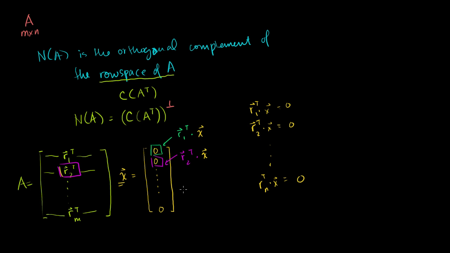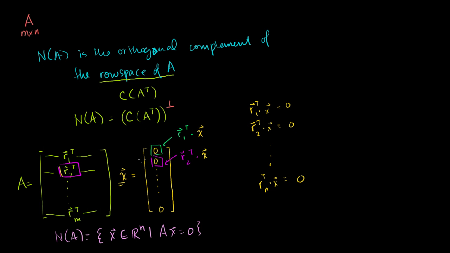And by definition, the null space of A is equal to all of the x's that are members of, in this case it's an m by n matrix, so you're going to have n columns, so it's all the x's that are members of Rn such that Ax is equal to 0. Or you could alternately write it this way, that if you were to dot each of the rows with x, you're going to be equal to 0. But let me just write such that Ax is equal to 0. That's an easier way to write it.